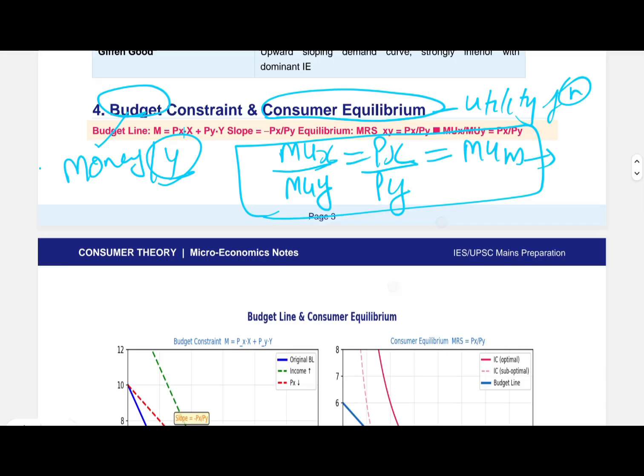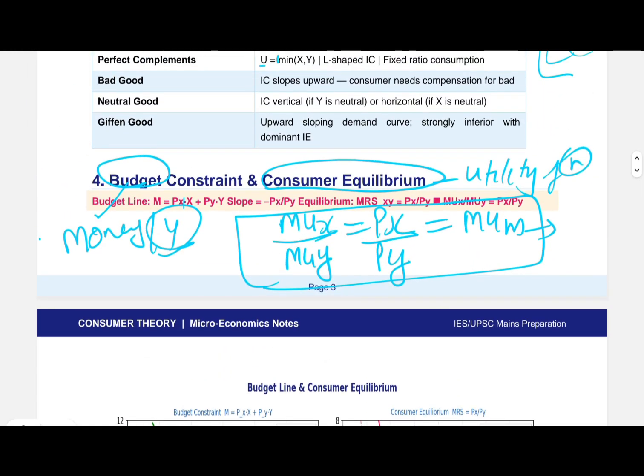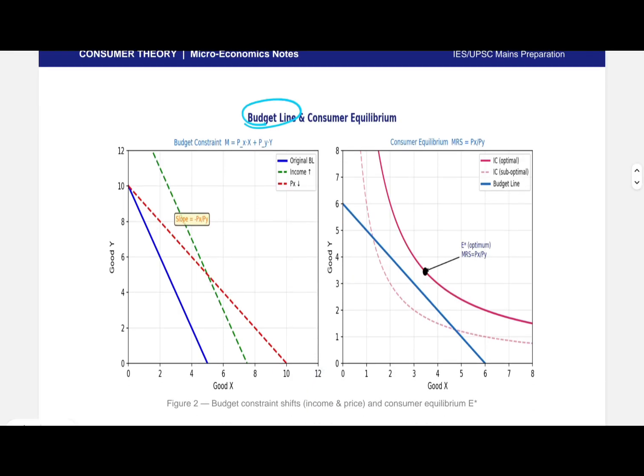But when we draw the IC curve along with the budget and consumer, first let's draw the budget line. Let's understand the budget line. The budget line tells us, for a given income, how to maximize our utility. So this is the budget line.